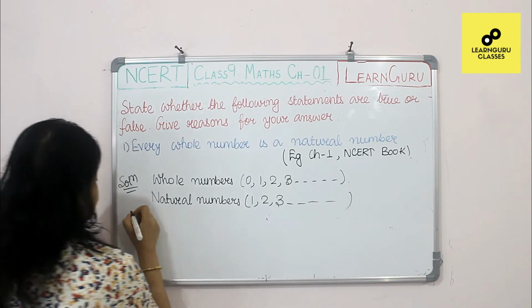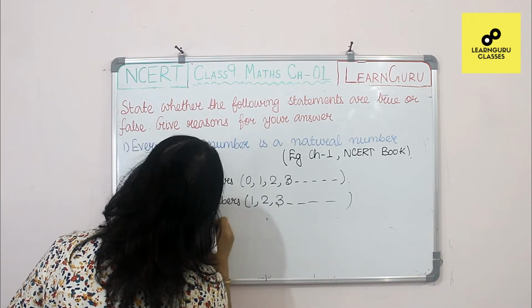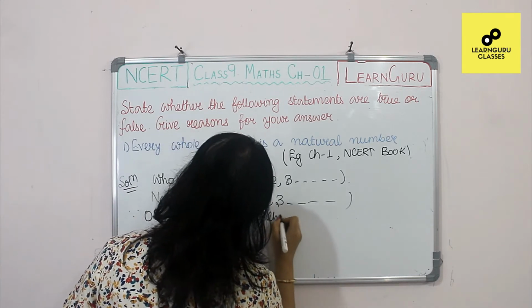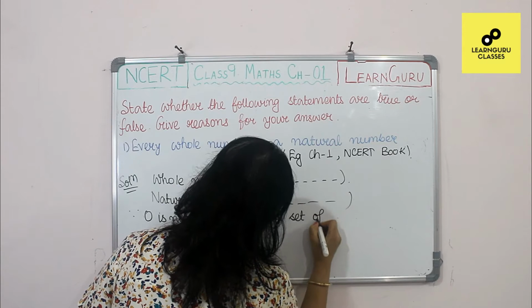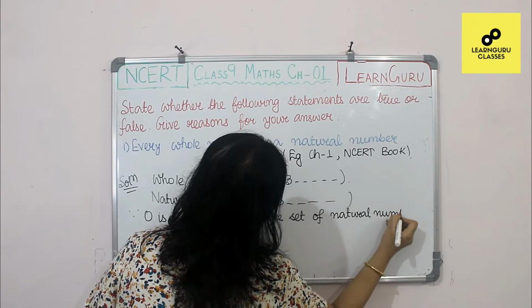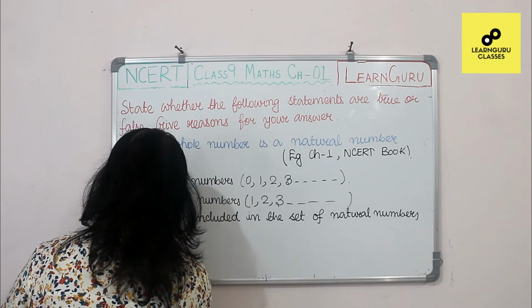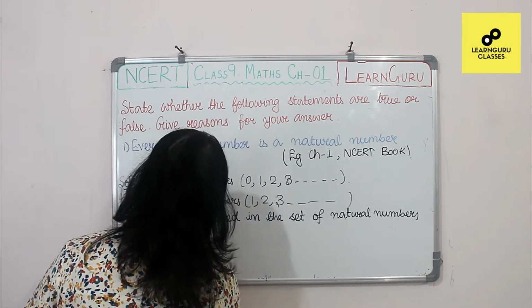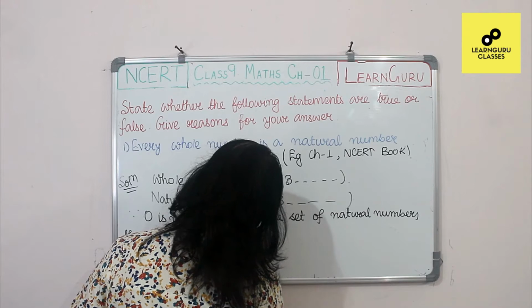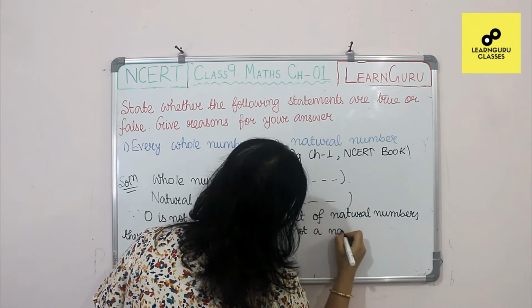So we will write that since 0 is not included in the set of natural numbers, therefore every whole number is not a natural number.